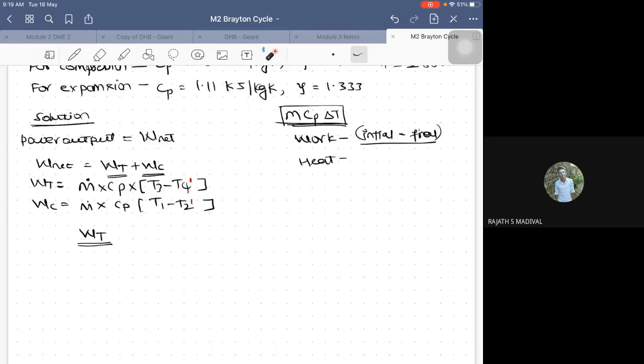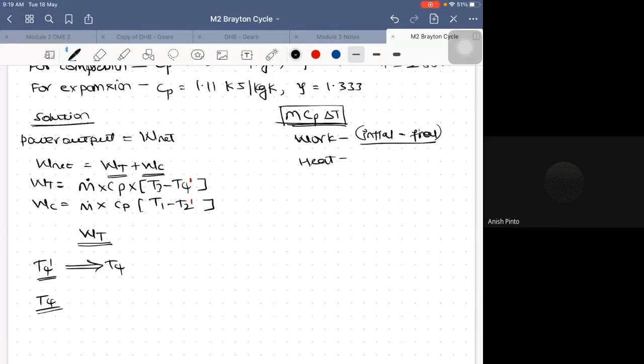So to find the unknown, I would just write it here. In order to find T4 dash, initially I should find T4. Later I can convert it into T4 dash by using efficiency. Now, how do I find the value of T4? PVT conversion. Excellent.